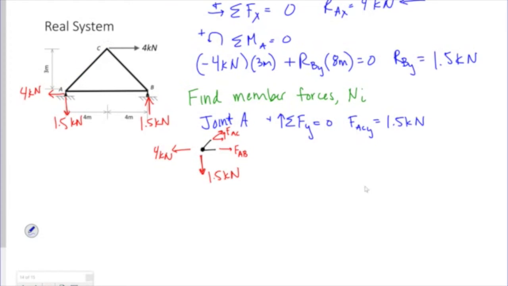So my force in AC is equal to 1.5 kilonewtons times 5 meters over 3 meters, which is 2.5 kilonewtons. It's in tension, right?